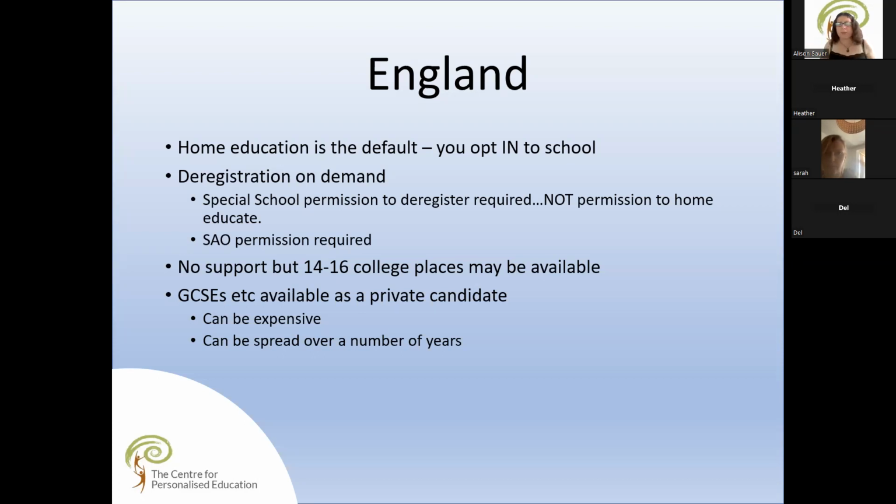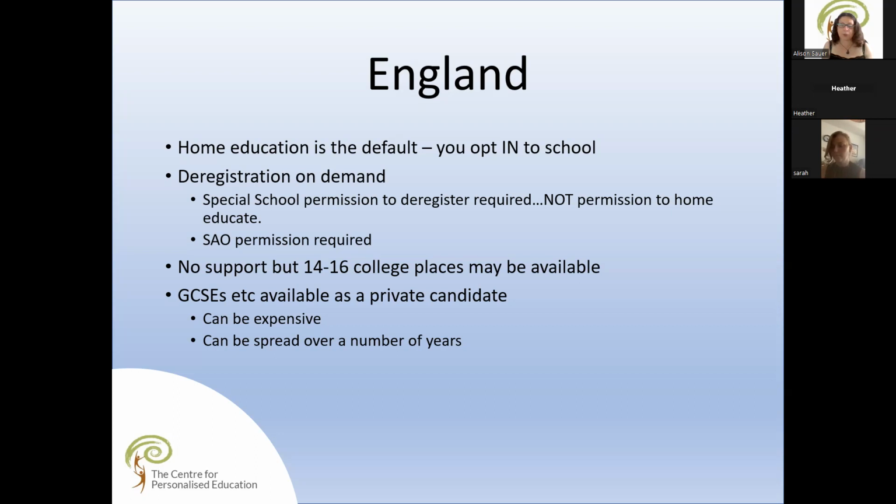There's no support available from local authorities in general terms, neither financial nor physical. And in fact, a lot of local authorities currently are quite anti home education. We're having a bit of trouble at the moment. But in England, there are 14-16 college places available. You might have to fight for it.